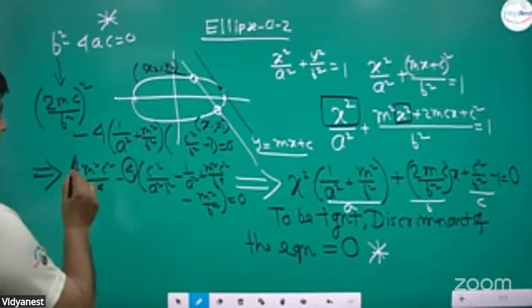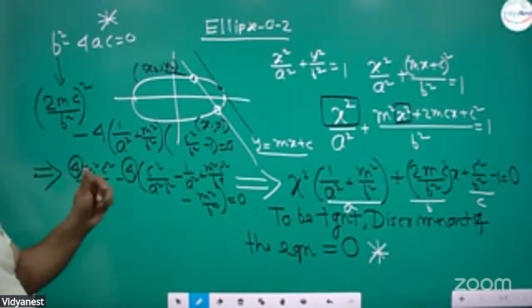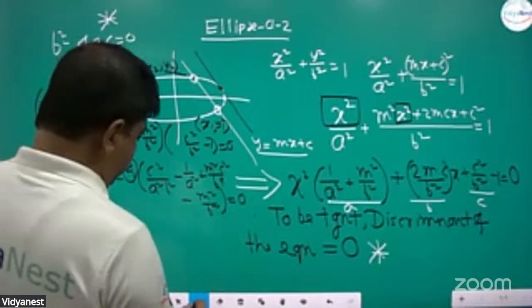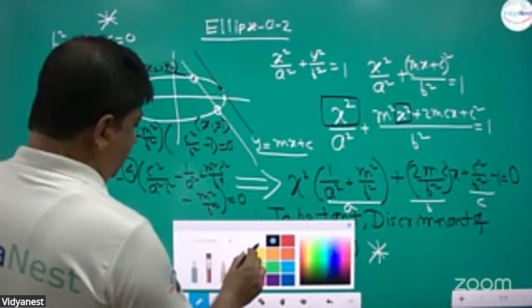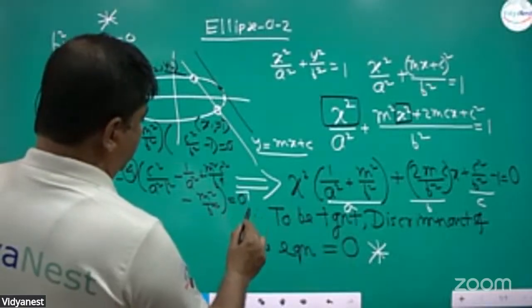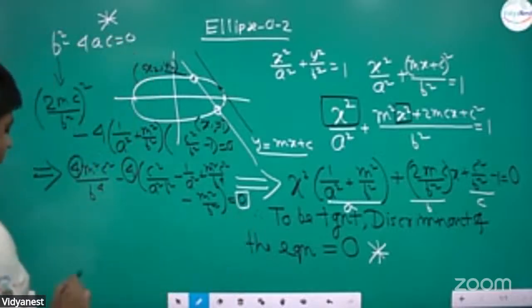Now 4 will be taken common and that will get cancelled with 0. I will take 4 common.